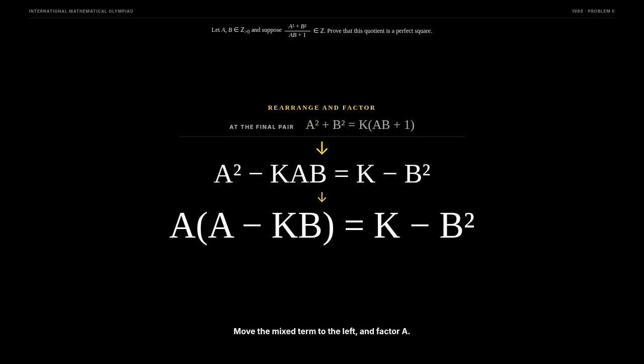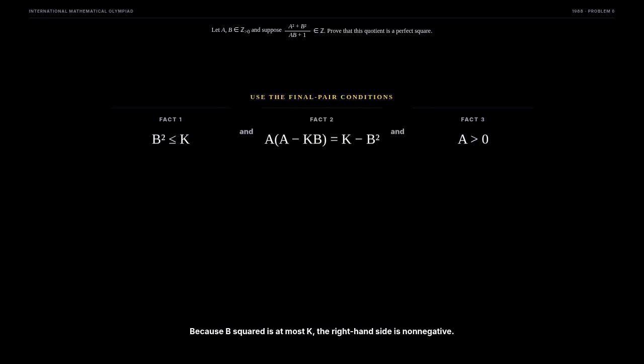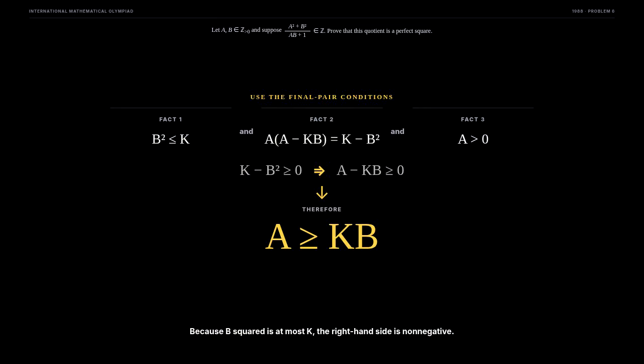We obtain a times the quantity (a minus kb) equals k minus b squared. Because b squared is at most k, the right-hand side is non-negative. And because a is positive, a minus kb must also be non-negative. So a is at least kb.